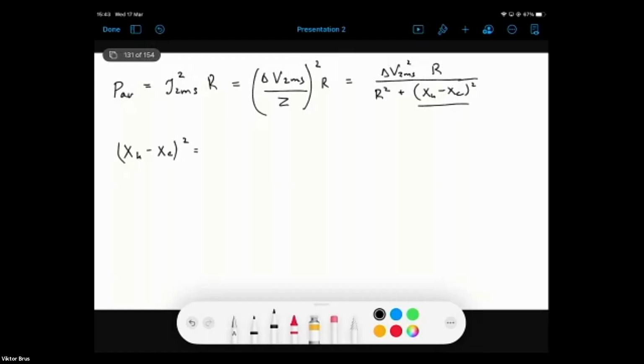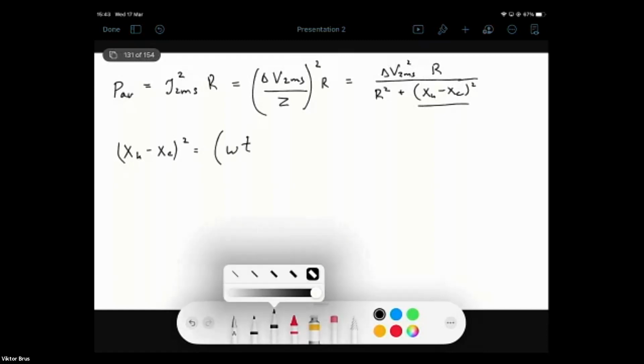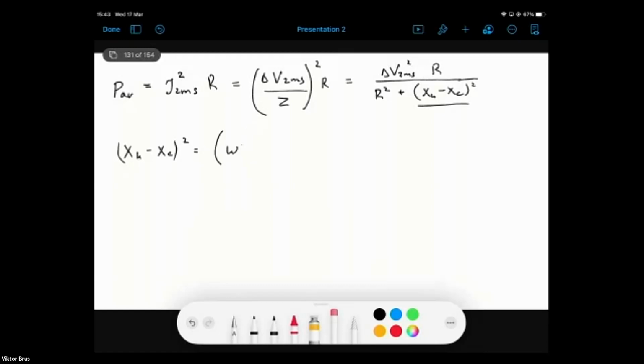This is equal to omega L minus 1 over omega C, squared.